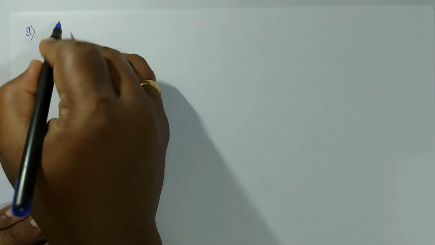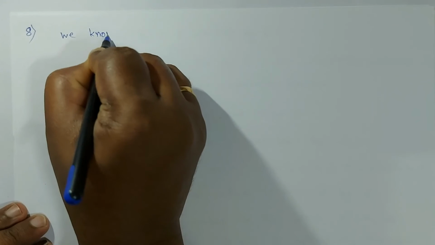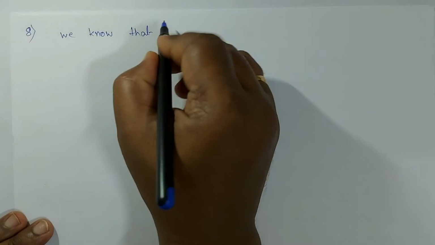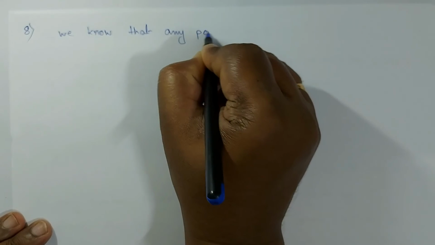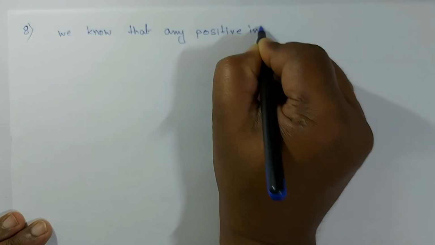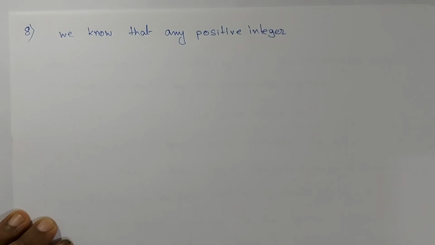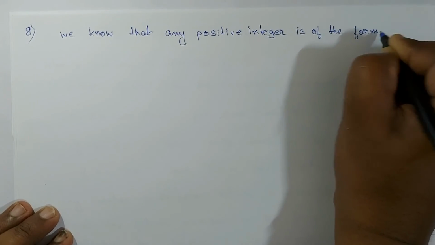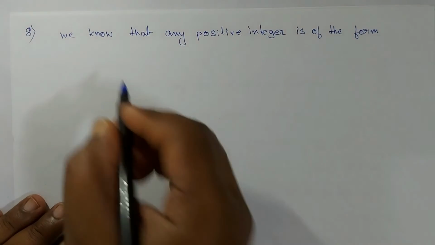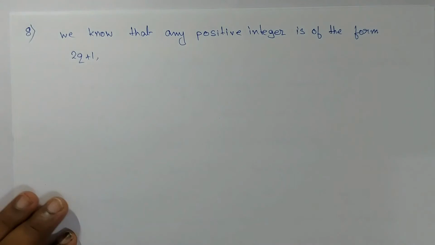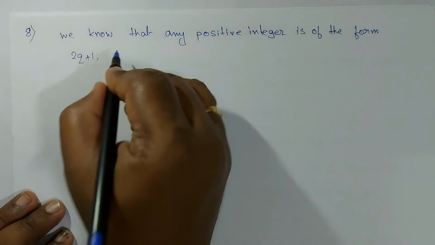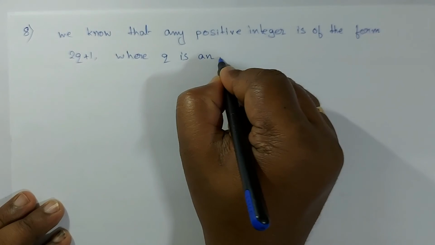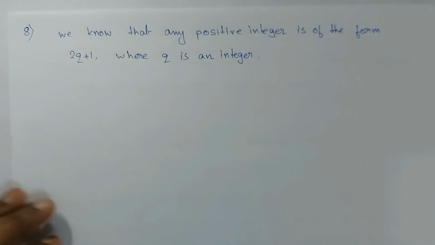Now, we know that any odd positive integer is of the form 2q plus 1, where q is an integer. Okay.